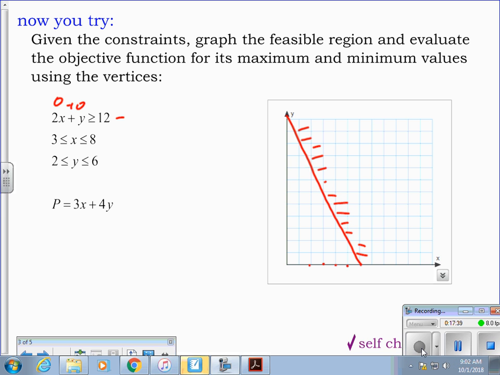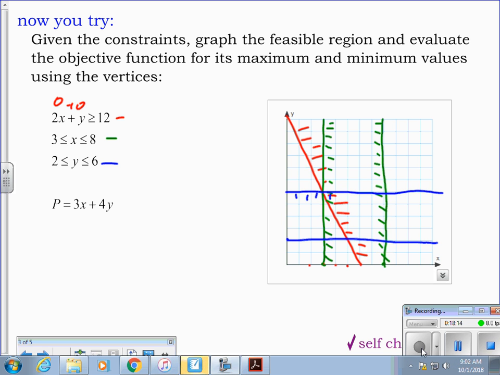Second one, x is between 3 and 8. Here's 8. Here's 3. And it's everywhere in between those two. And y is between 2 and 6. There's 2, and 3, 4, 5, 6.